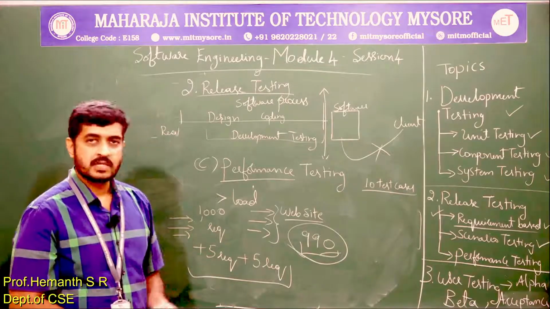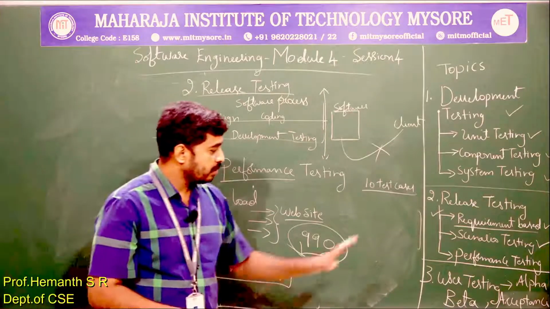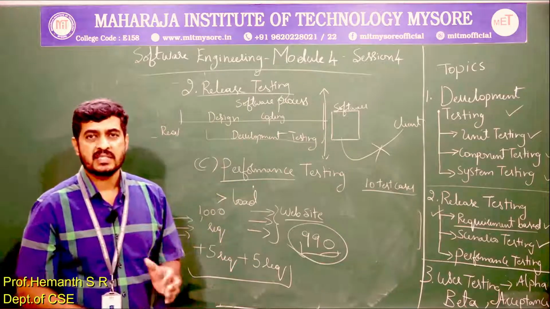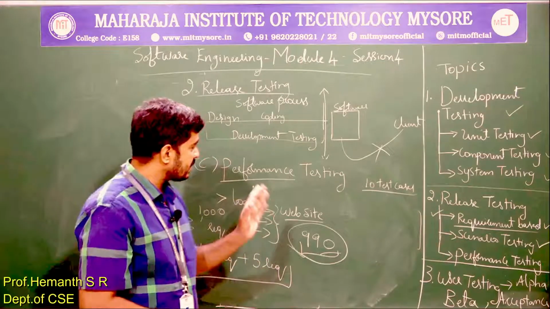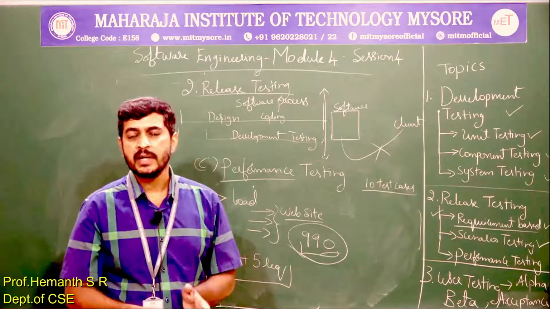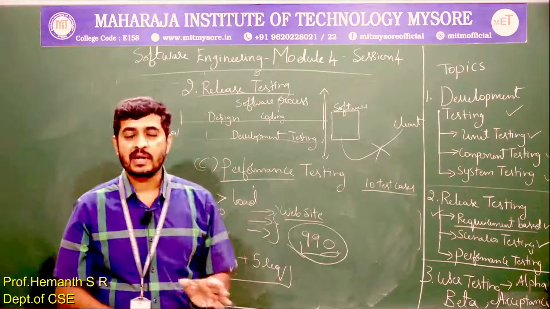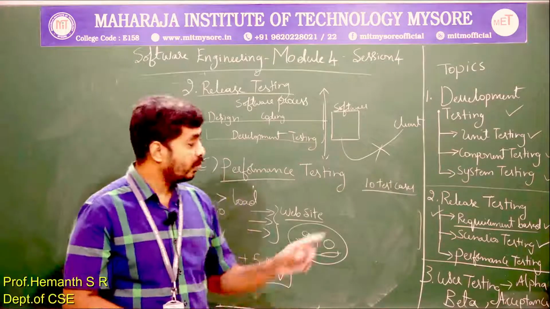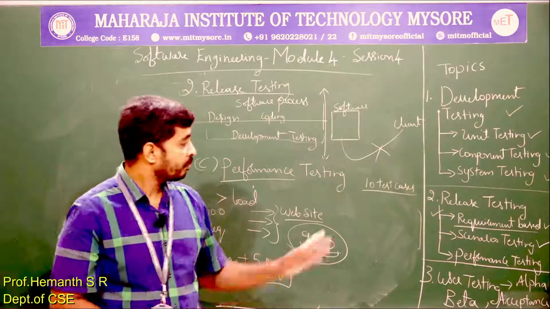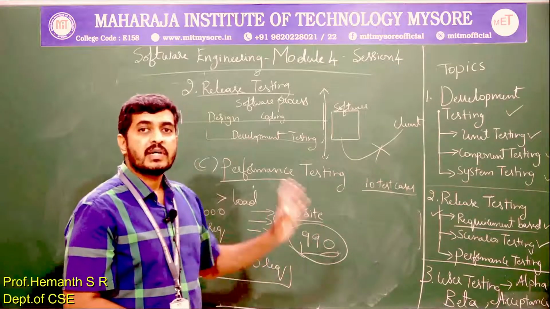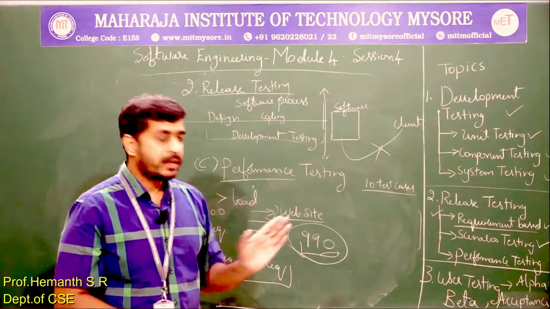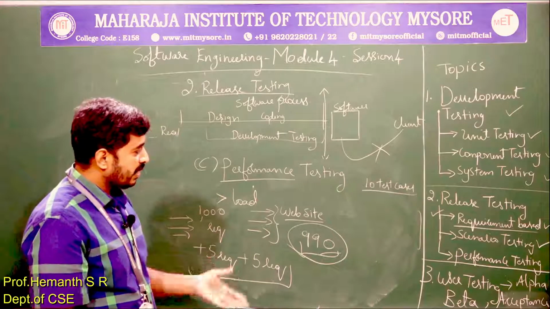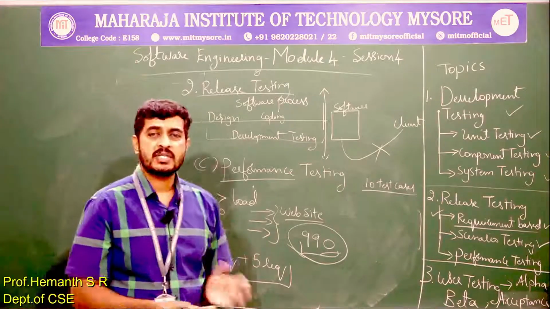So this was performance testing. We will conclude this session at this point. In this session we understood release testing. Release testing is done after the software product is almost complete, but before giving it to the client. In release testing, we can use different strategies like requirement based release testing, where the requirements of the customers are taken, test cases are written for the same, and it is tested. Release testing can also be done based on scenarios.